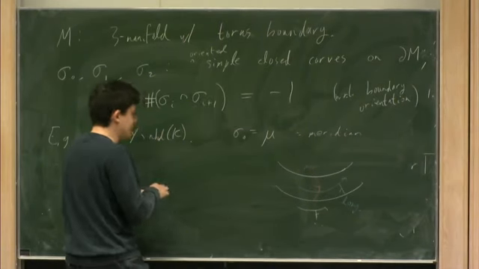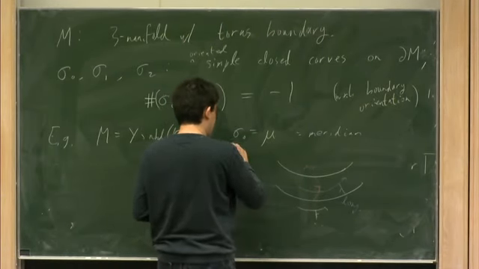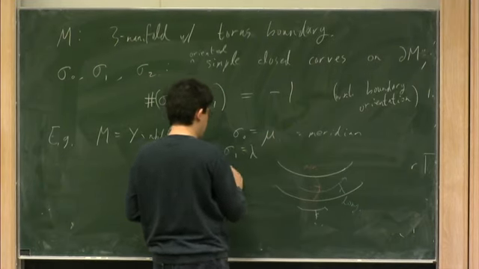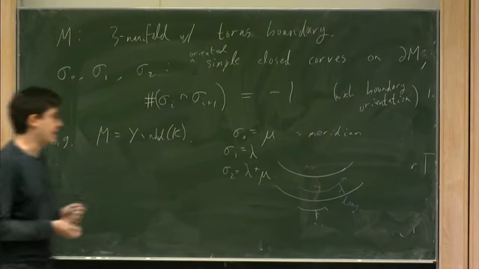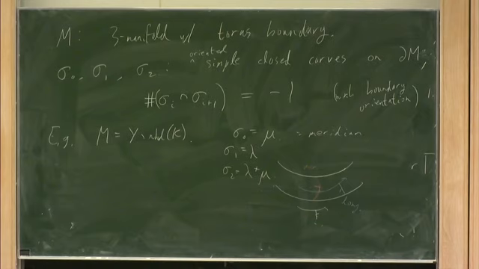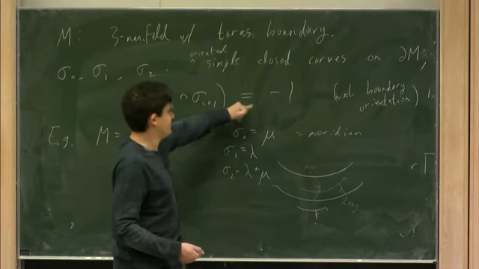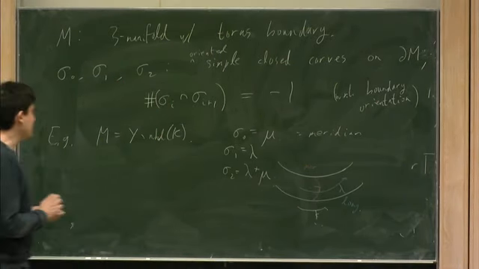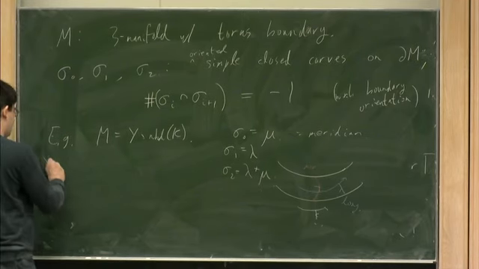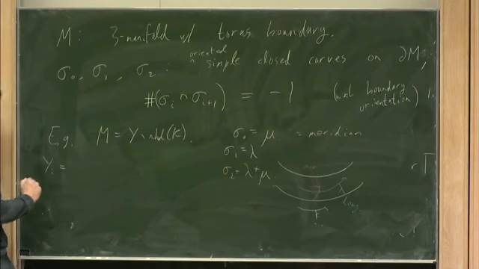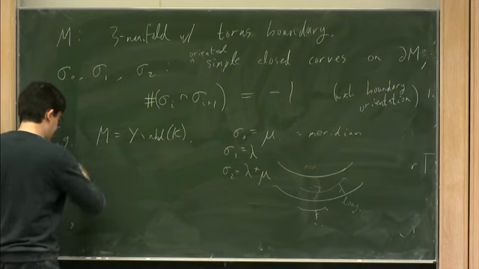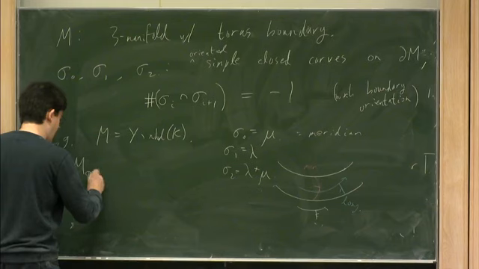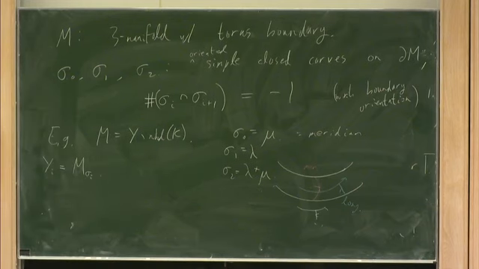Okay. So I could take sigma 0 to be the meridian, sigma 1 to be the longitude, and then sigma 2 to be the longitude plus the meridian. Okay. And I think if you check, these will have this property. And let Y sub i be the Dehn filling of M, M sigma i. So I'm going to fill in those 3 curves.